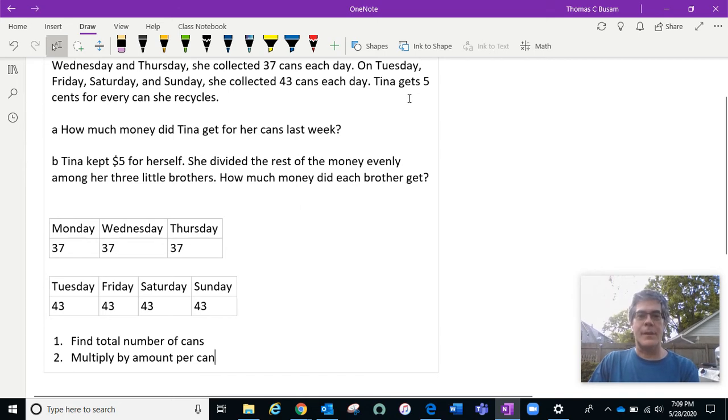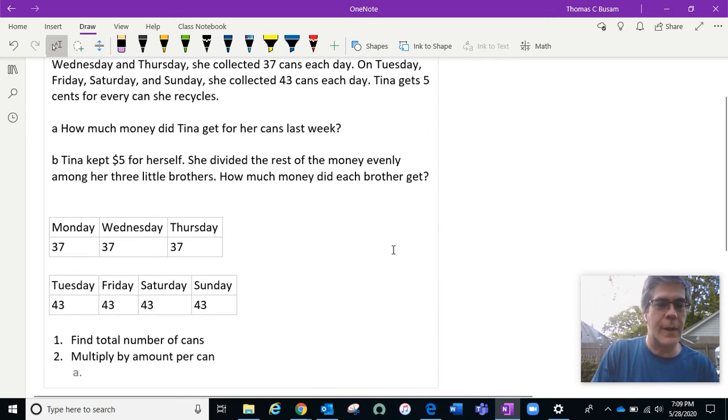Now notice that they say she gets 5 cents for every can. With as much as she's collecting, she's going to have several dollars. So keep that in mind when you're doing the calculation. You're going to have to go from cents to dollars. So are you going to multiply by cents?